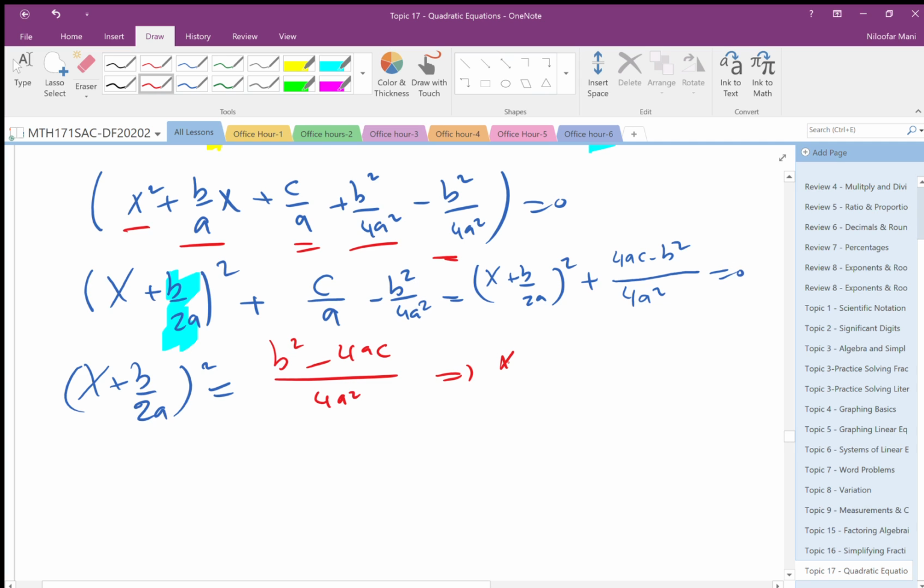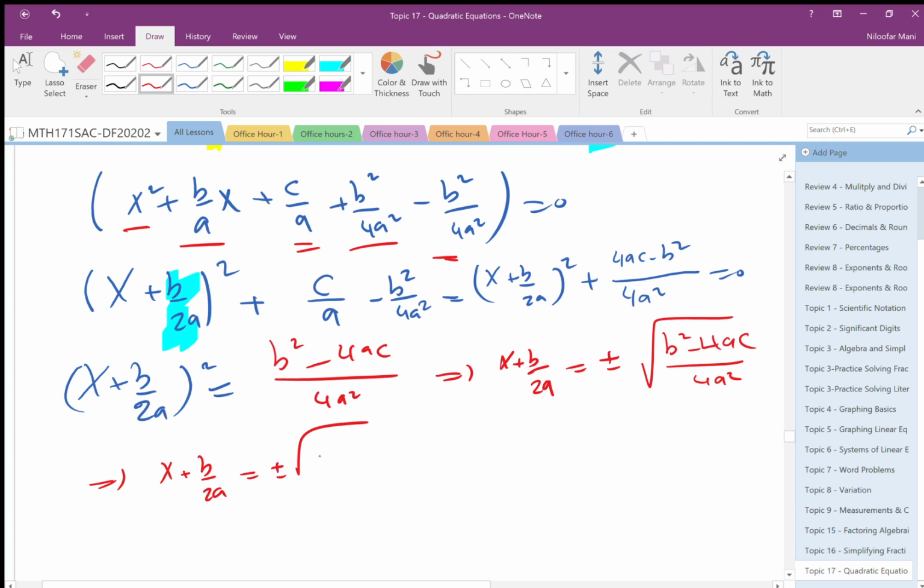So it is x plus b over 2a equal plus minus radical b squared minus 4ac over 4a squared. Okay, which is x plus b over 2a equal plus minus radical b squared minus 4ac over 2a, because that's 4a squared, so I bring it out of the radical.